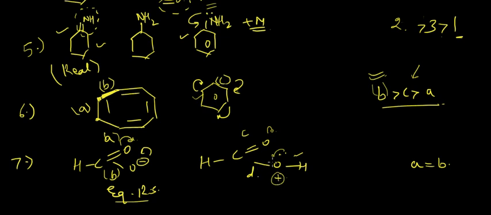Hence the chances of getting double bond character are less in D. The bond between C and O is D, so the double bond character chances are less.